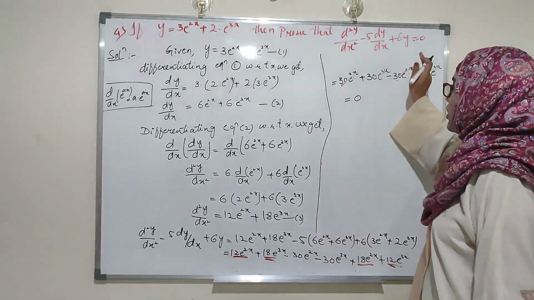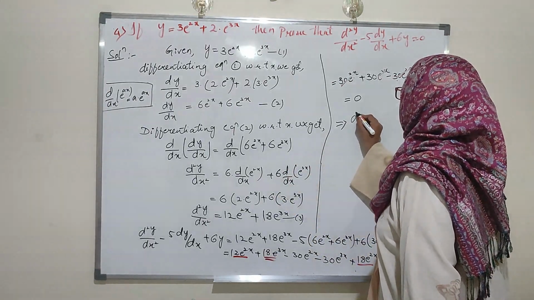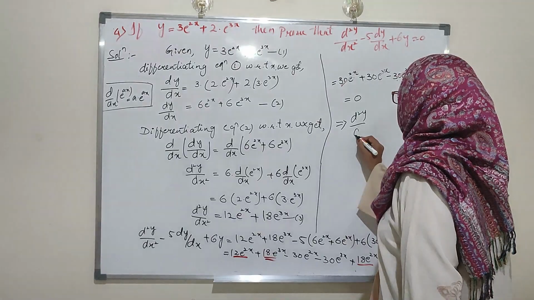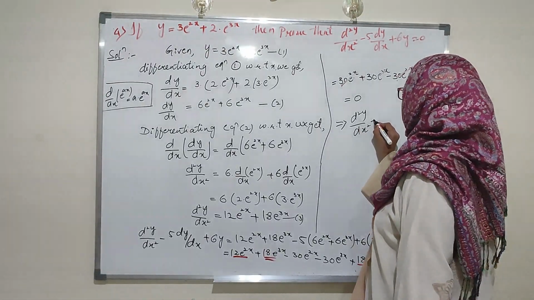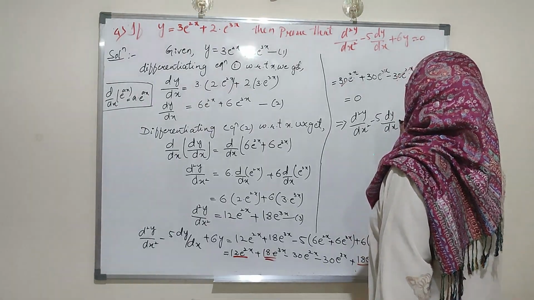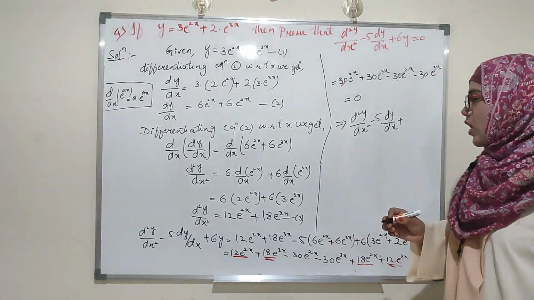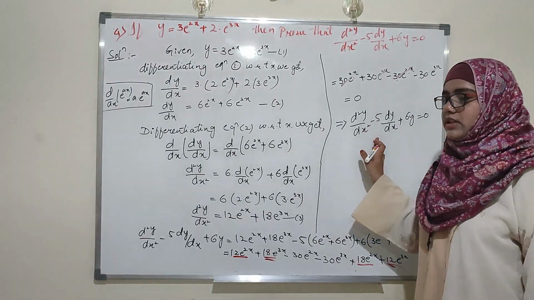This implies d²y/dx² minus 5 dy/dx plus 6y is equal to 0. Finally we got it.